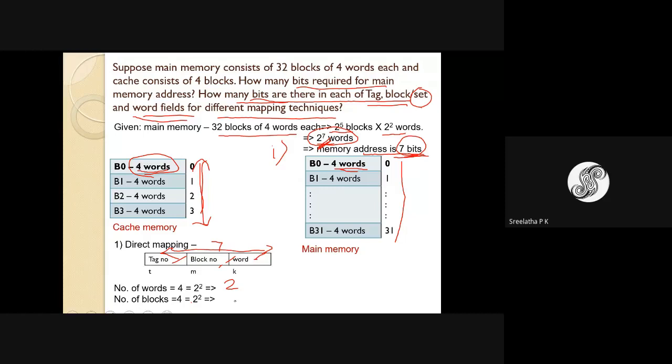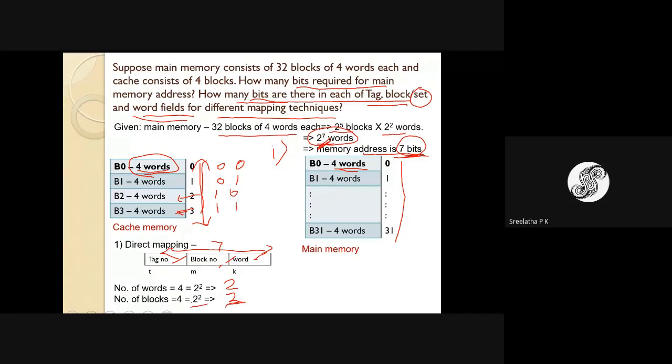Again, 2 bits are required for representing the block number. In 2 bits, that is 00, 01, 10, 11, I can generate unique addresses for those blocks, isn't it? So 2 bits are enough.